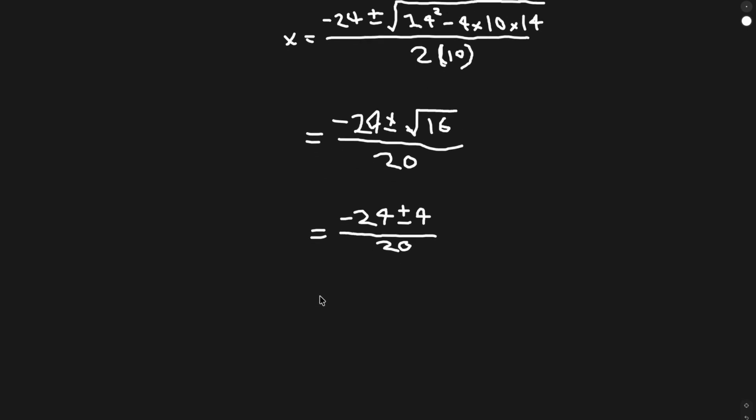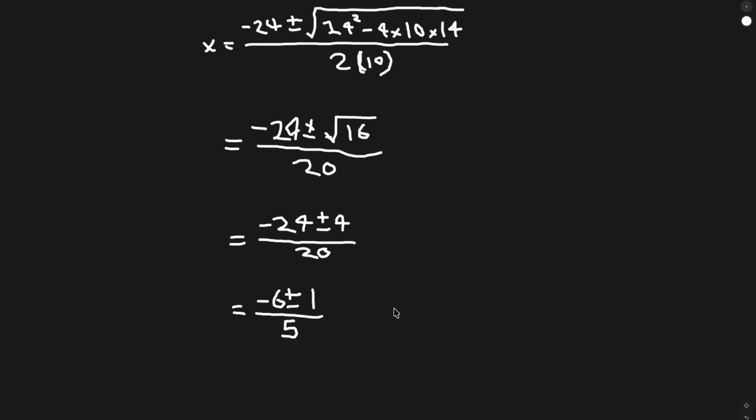We can divide everything by 4. There's a common factor of 4, so minus 6 plus or minus 1. 20 divided by 4 is 5.